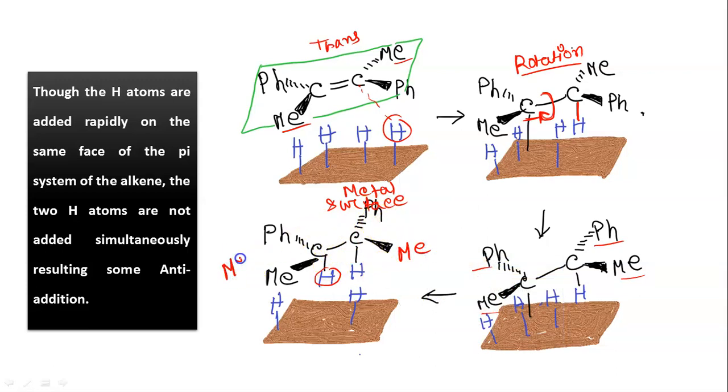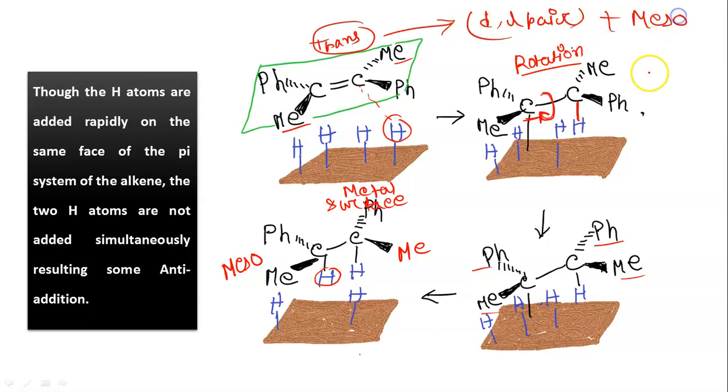Okay, so if starting from trans we are getting a DL pair as well as meso, then it proves that there is both anti-addition as well as syn addition. Similarly, suppose you have started from cis and you are also getting a DL pair.